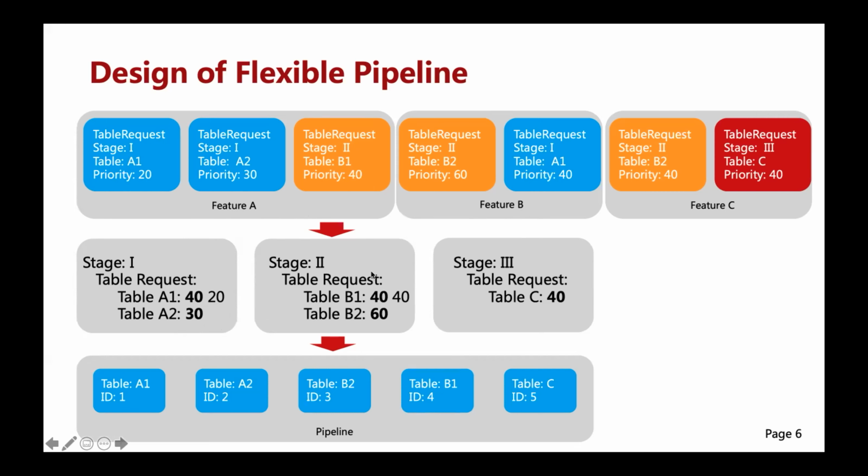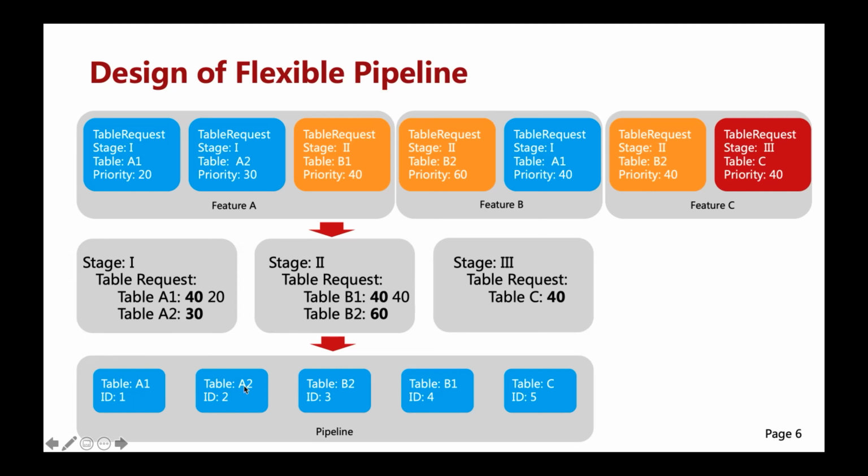Okay, now the order of stage is fixed, so we now need to determine the order within the stage. For stage 1, A1 has the highest priority, so its order is the first table of this stage.